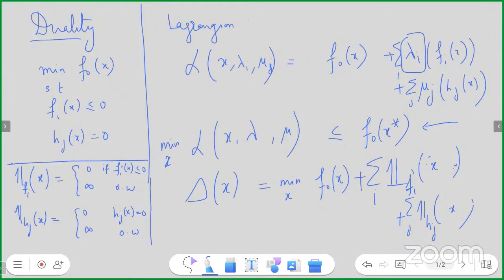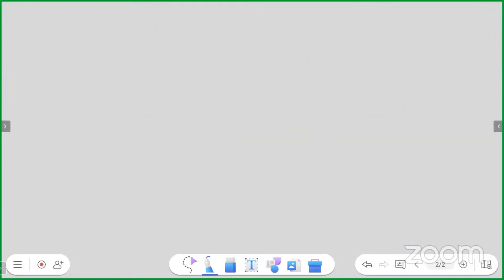Not clear what's going on? Just compare the indicator function with this function for a fixed i. What kind of function does it look like? Let's plot it, assuming it's one dimensional. So this is my x, and let's say this is the boundary of f_i(x) crossing 0. So below this it is 0, above it is greater than 0.